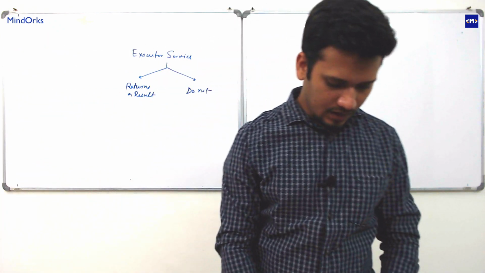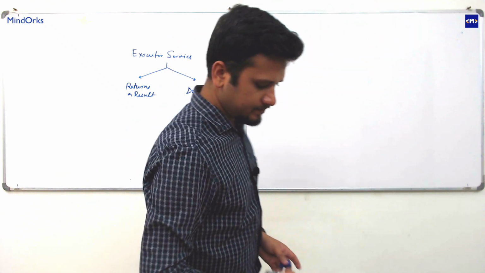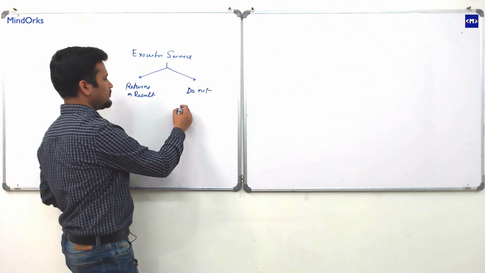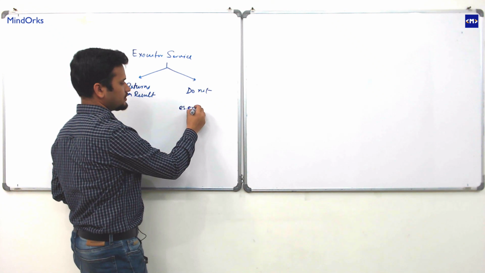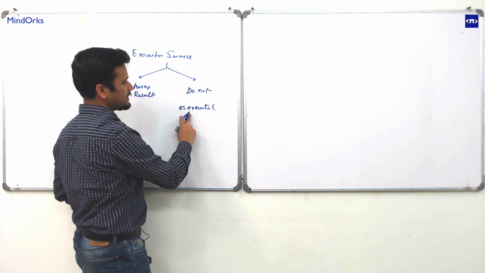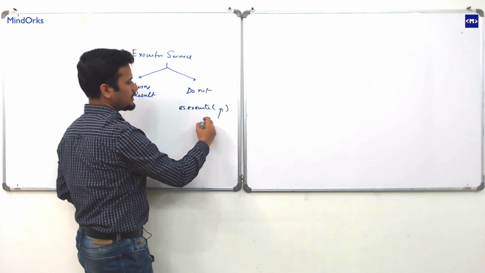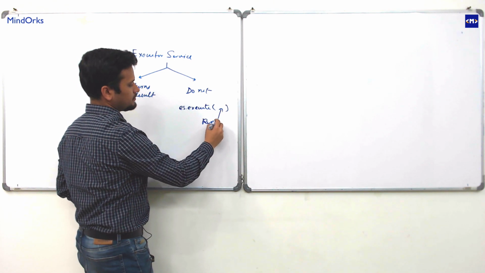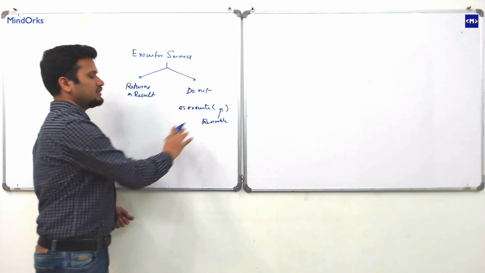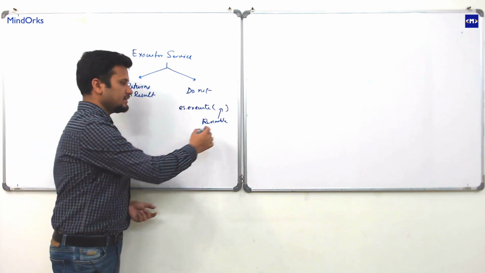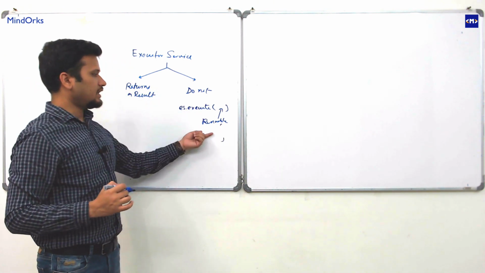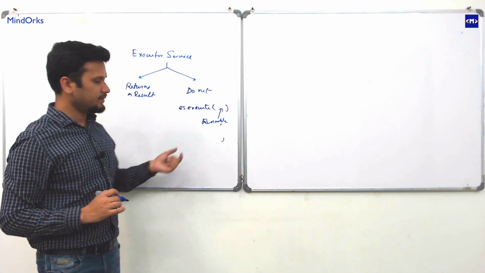When you call executorService.execute, you need to supply your Runnable. It will run whatever is in the Runnable's run method, and simply finish.